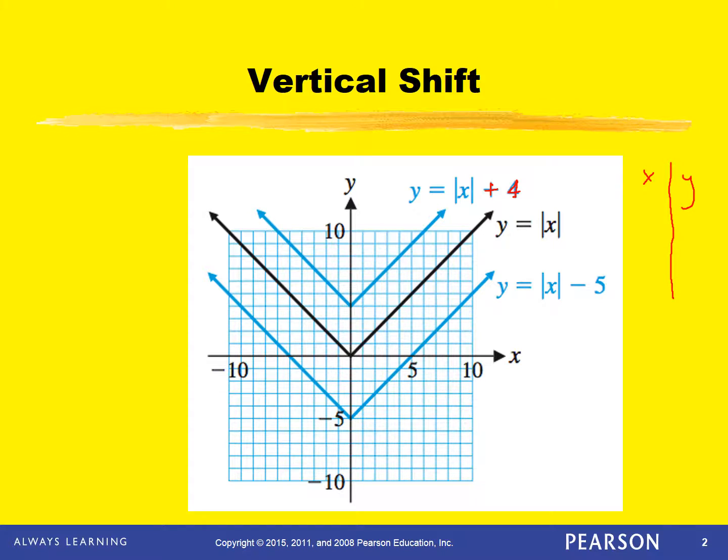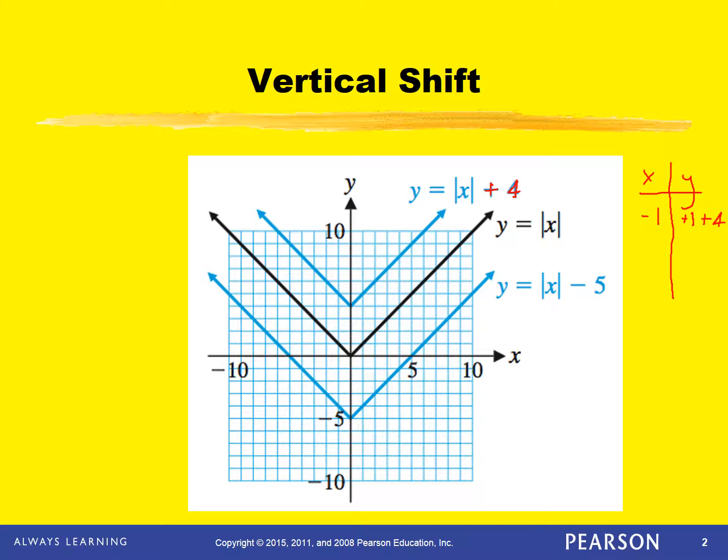Instead of -1, 1, it's -1, and then the y coordinate is -1 plus 4, I'm sorry, 1 plus 4, because we take the absolute value.